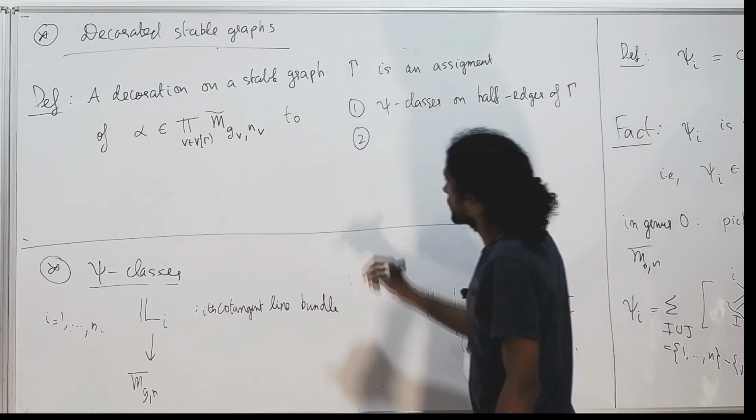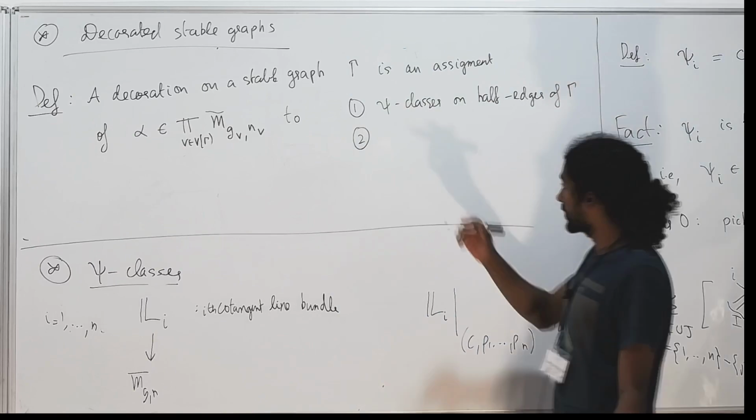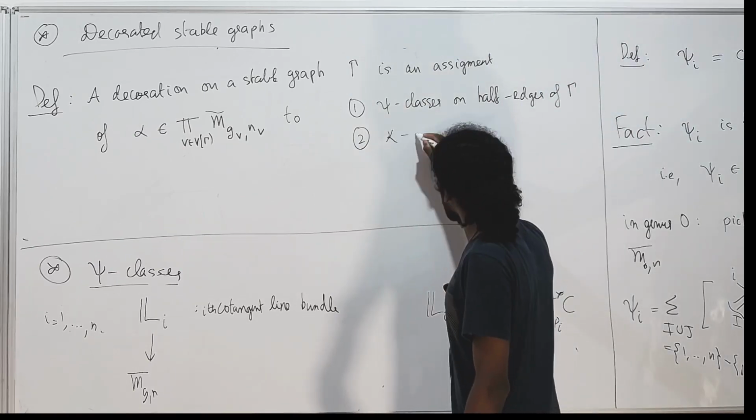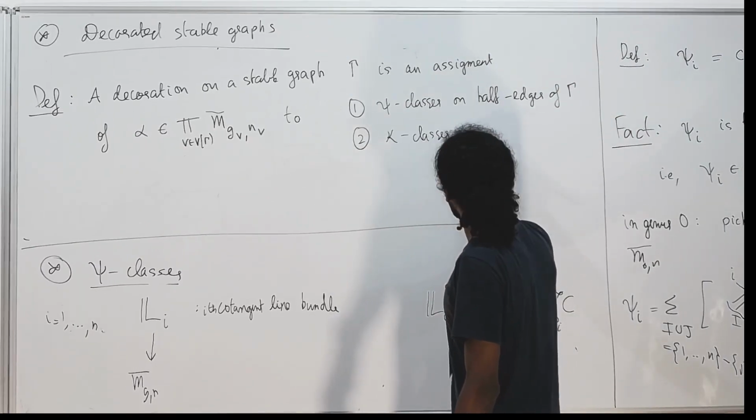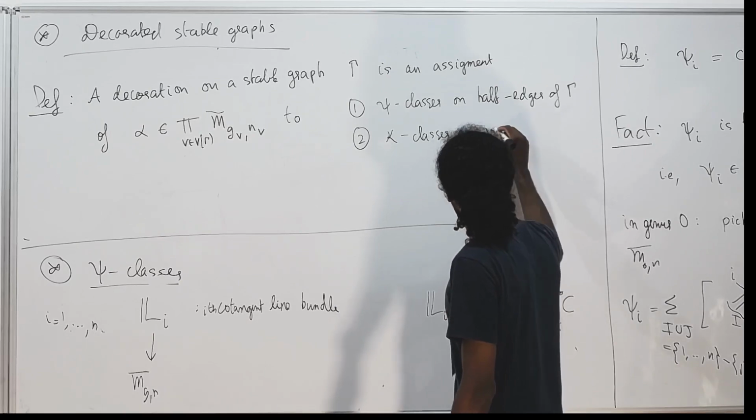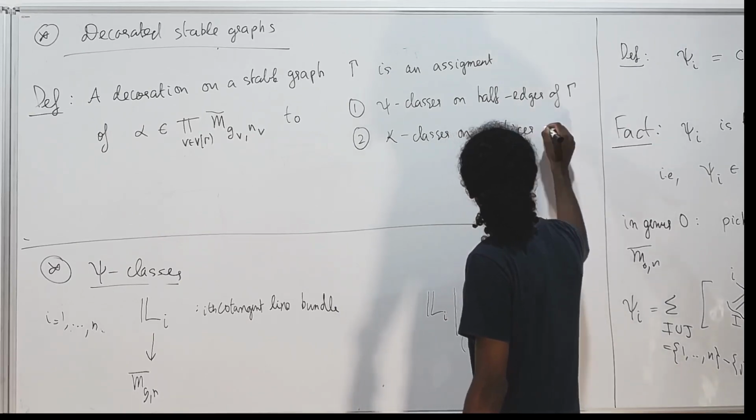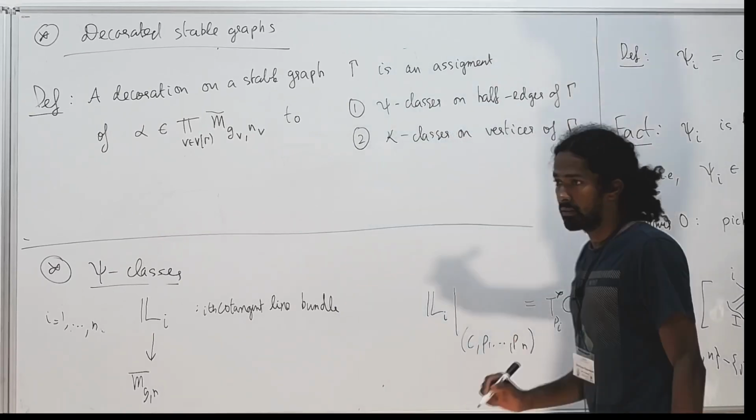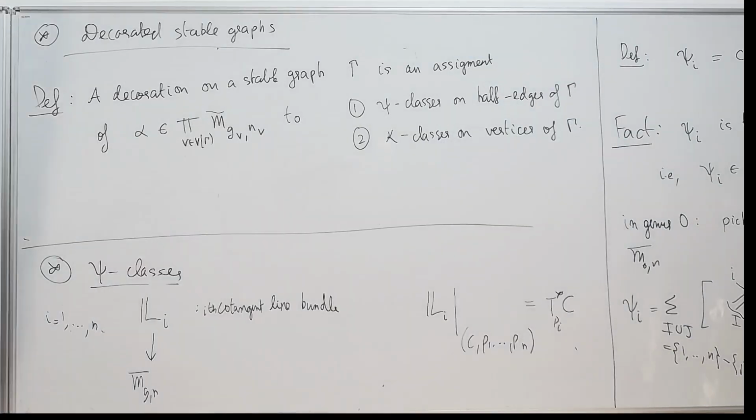Right? So alpha is just a product of psi and kappa classes. And these kappa classes, you put them on vertices. So for example, a decorated stable graph looks like this.